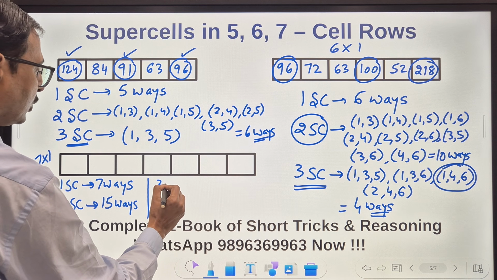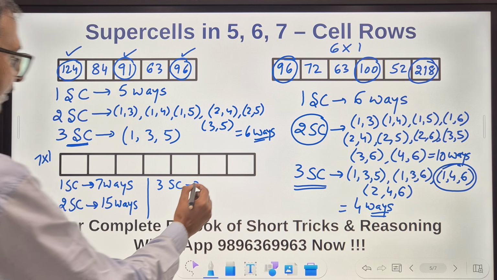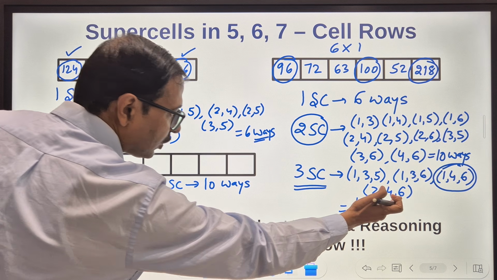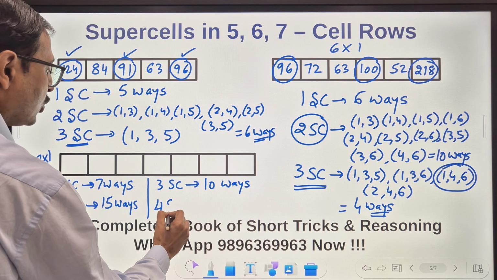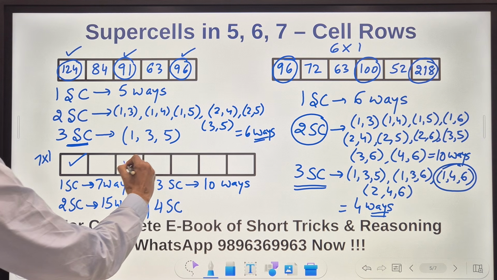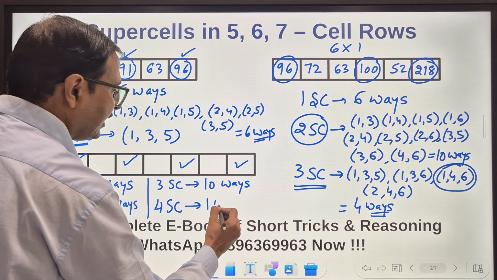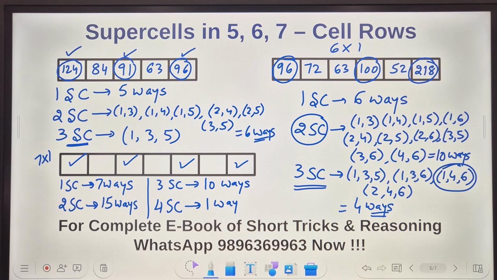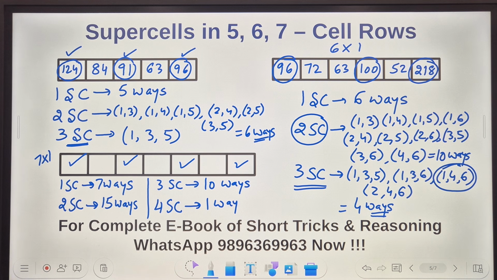Likewise, if you want to get 3 supercells in a 7 by 1 grid, you will have 10 different combinations, just like we had 4 different combinations here. And finally, you can even have 4 supercells. 1, 3, 5, 7 is the only way, that is one way in which we can get 4 supercells in a 7 by 1 grid.